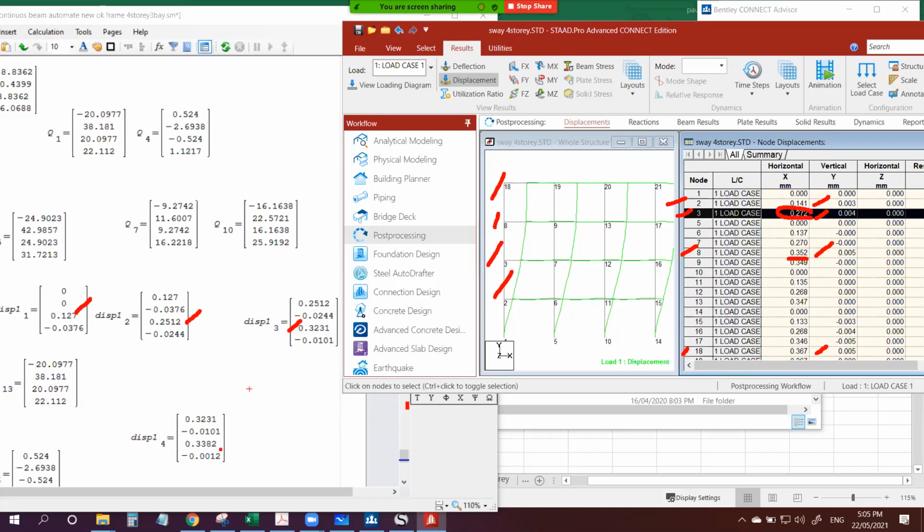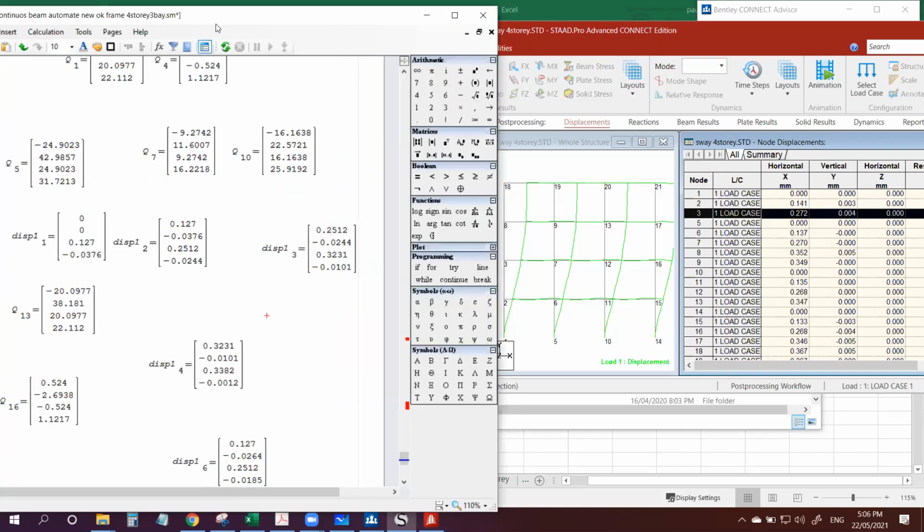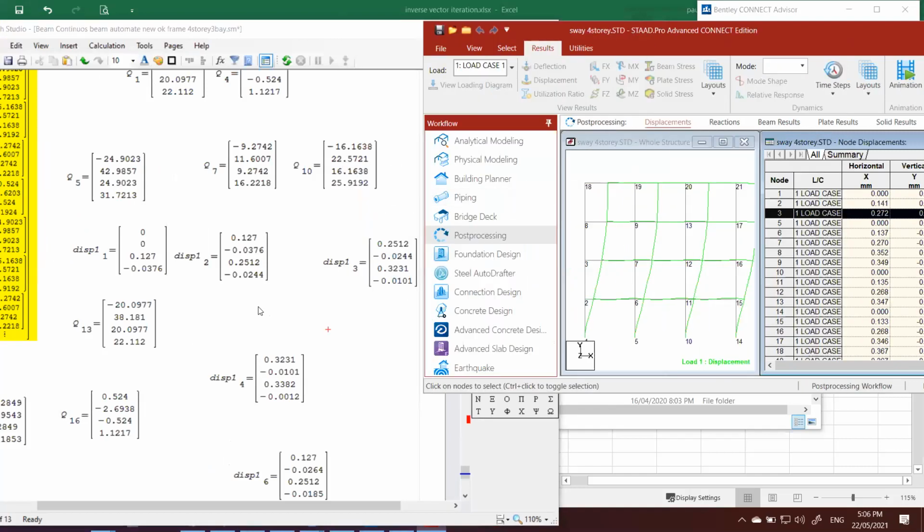We're getting 0.34 here, STAAD gets 0.36. Okay, so very near to our answer. Okay, basically that's it, displacement and member forces.